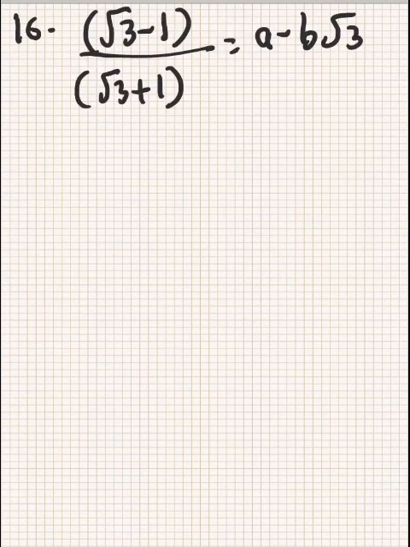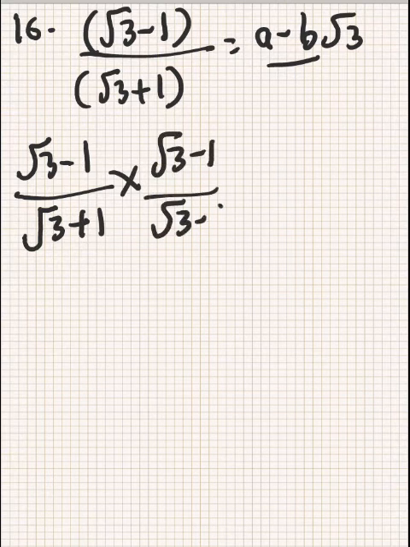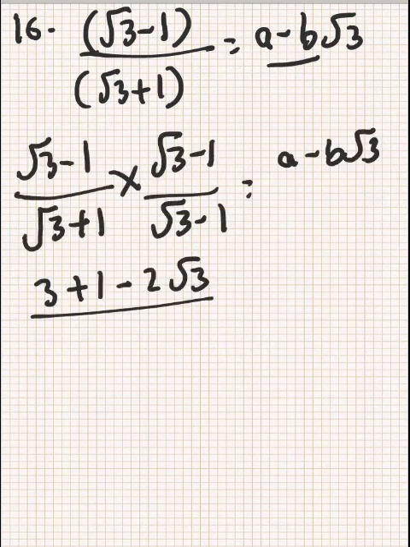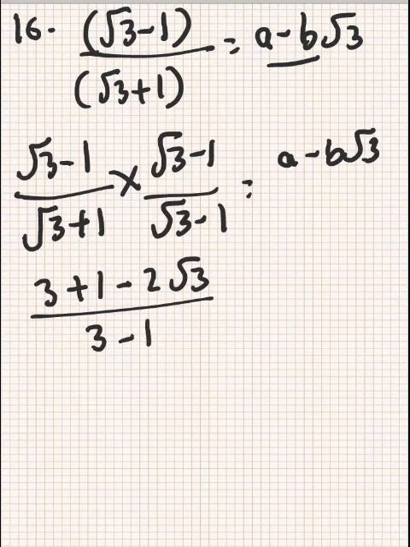So in question 16 we have to find the values of A and B. So we all know the process, I guess. So I'll multiply it by root 3 minus 1. Root 3 minus 1 will be equal to A minus B root 3. So squaring it, it will be equal to 3 plus 1 minus 2 root 3, and 3 minus 1 and A minus B root 3 here same.